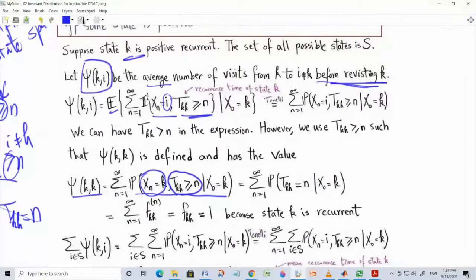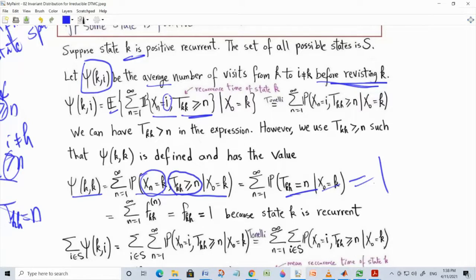Well, what is state k? It is a recurrent state, which means that sooner or later you will revisit k. So this summation is equal to 1, because state k is the state in the Markov chain that we are sure is positive recurrent. Again, as a reminder, we are doing the proof in which there exists a state k that is positive recurrent, and then we want to use this to show that there is an invariant or stationary distribution.